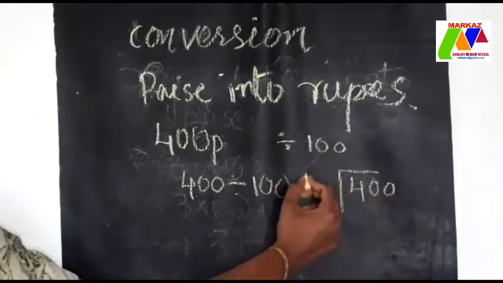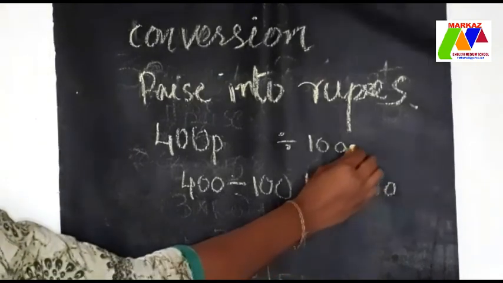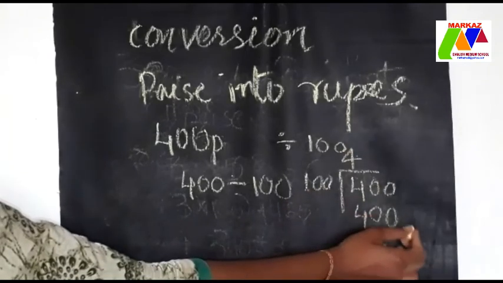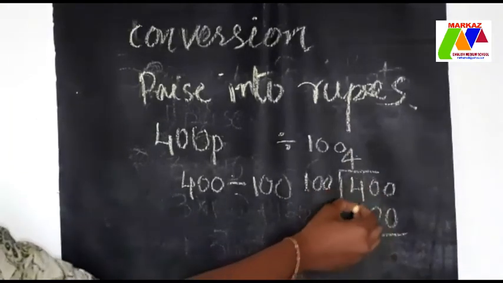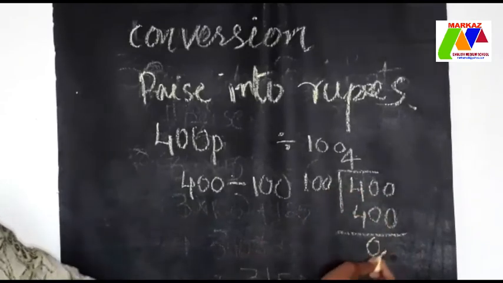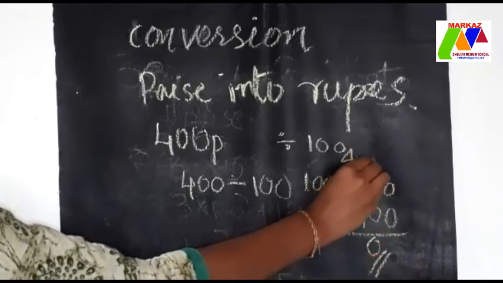400 divided by 100. So how many times? Yeah, 4 times. So 400, subtract, 0. This is the rupees.